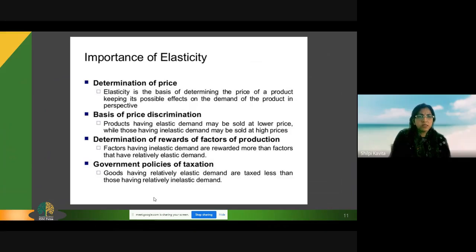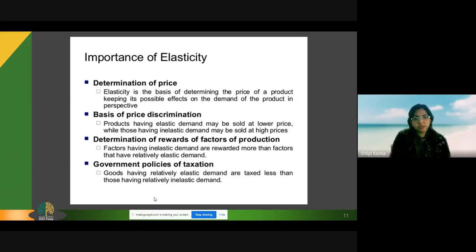If the good is inelastic, they can charge a higher price. But if the good has an elastic demand, they have to charge a lower price because they know at a lower price they'll be able to sell more. And in relatively inelastic demand products, they can charge a high price because they know the people are going to consume even if the price is increased.